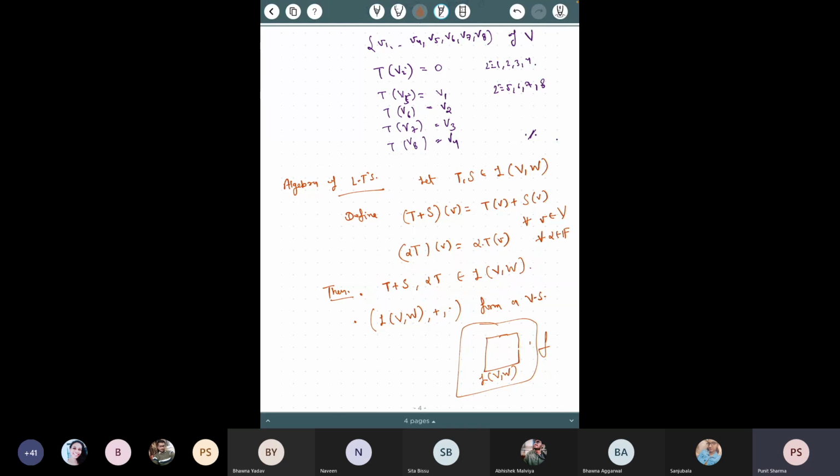So the collection of all functions from V to W, under the two operations, addition of functions and scalar multiplication of functions, is a vector space, which we have already seen by studying vector spaces. Here it is very clear that because this is a subspace, it is a vector space. So this way you can also show it.